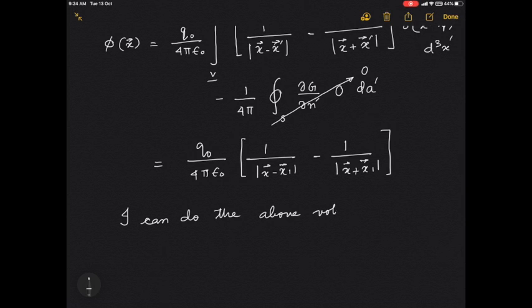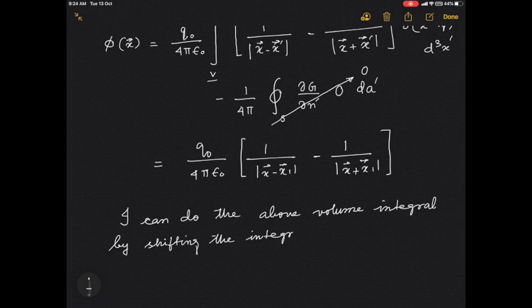I can do the above volume integral by shifting the integral limit to infinity. Why is this?